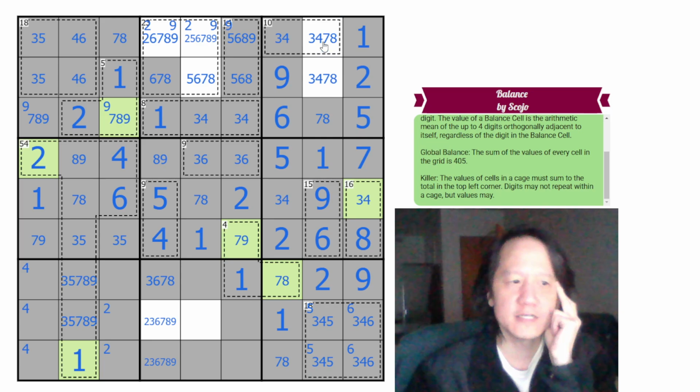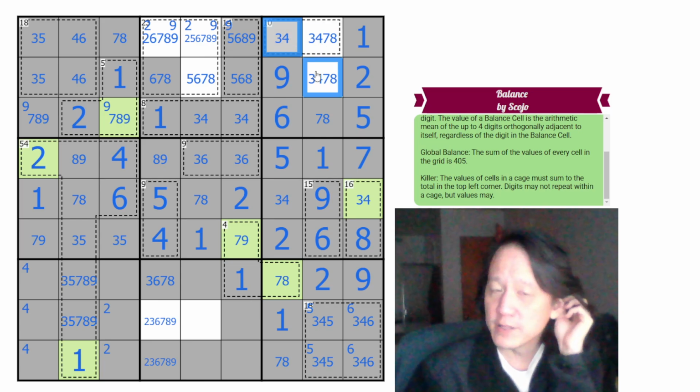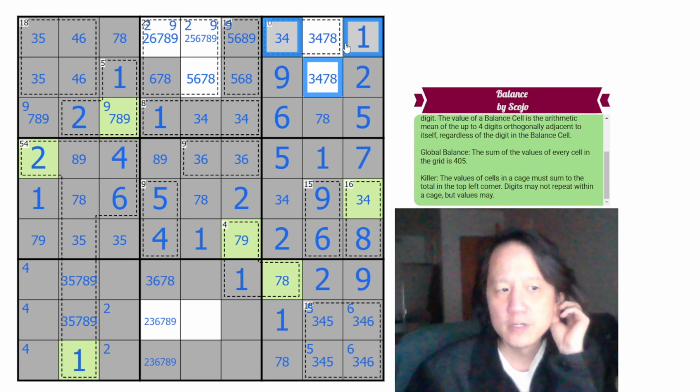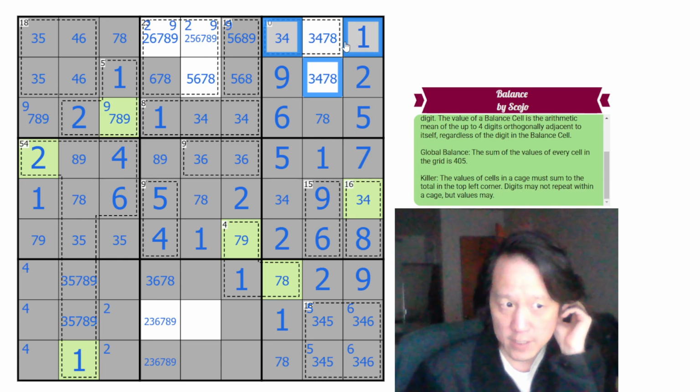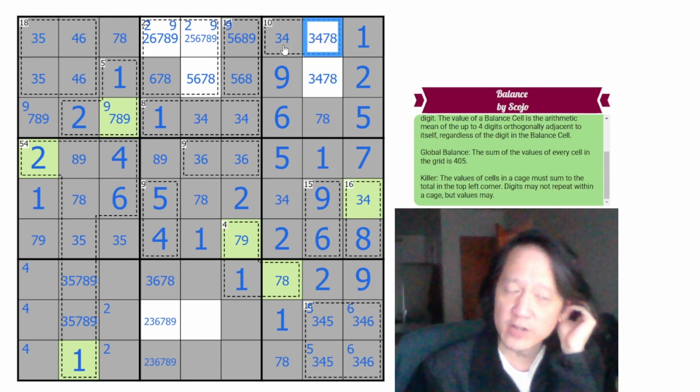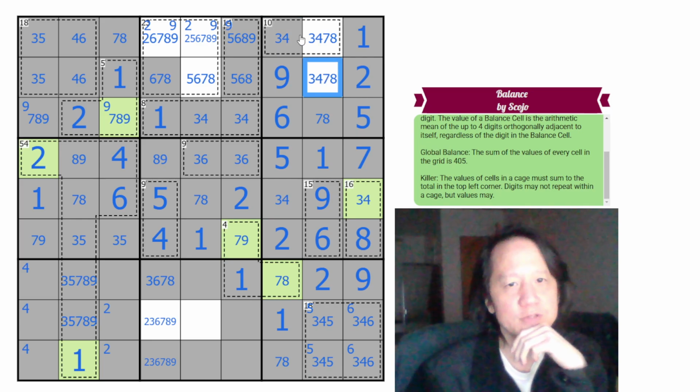If it's 6 in value, that would mean these 3 must add up to 6 times 3, which is 18. But the problem is, if this is 6 in value, this would have to be with a 4. And that would be 5. Therefore, to add up to 18, this would have to be 13, which is not a digit. So that's not possible.